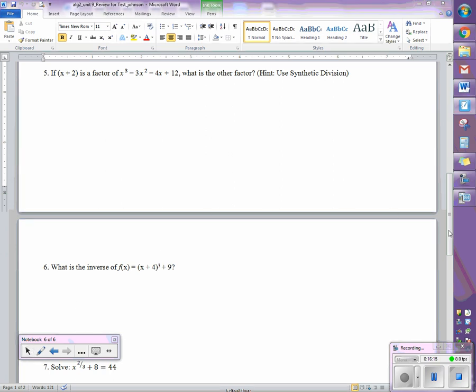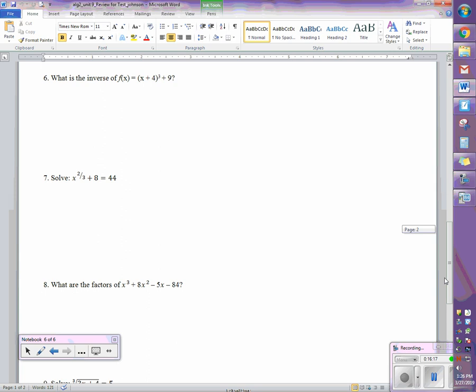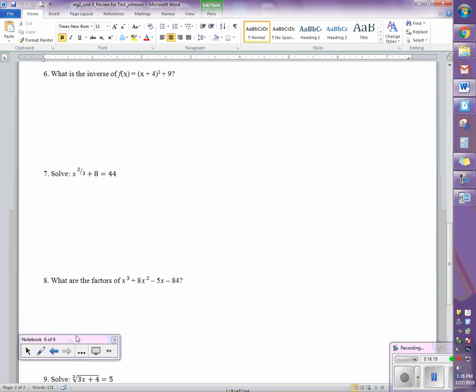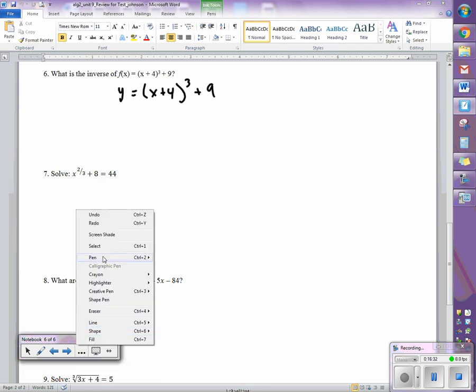Number 6, finding the inverse. So first, again, we change f of x to y. Then switch x and y.